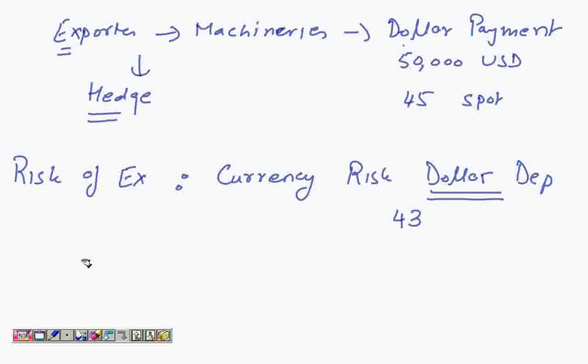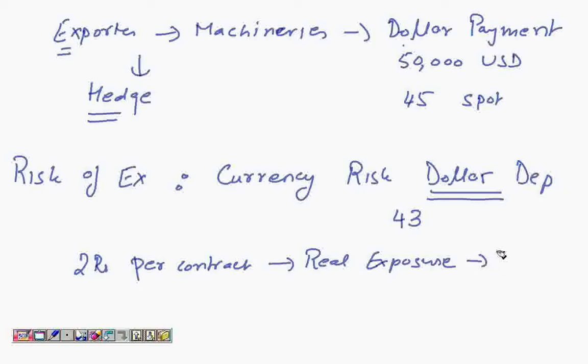This is his real exposure in the market, per contract. If you look at it from that perspective, it has almost gone down by 5%. So it's just a 5% fall which he's expecting.